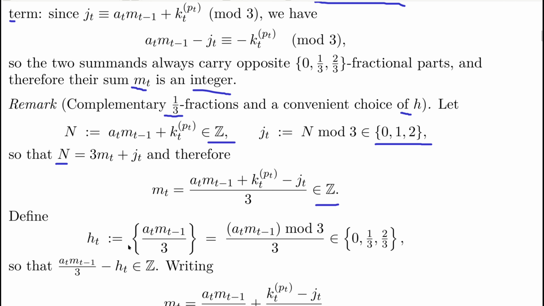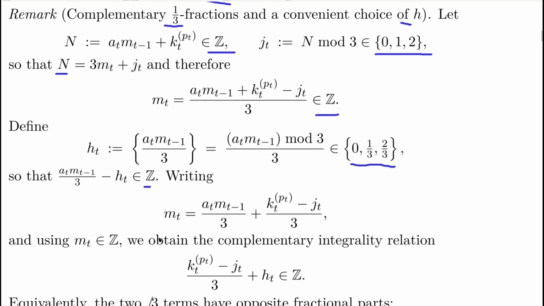Define ht as at mt minus 1 over 3, which is equal to at mt minus 1 mod 3 over 3, which is any one of 0, 1/3, and 2/3, so that at mt minus 1 over 3 minus ht is an integer.